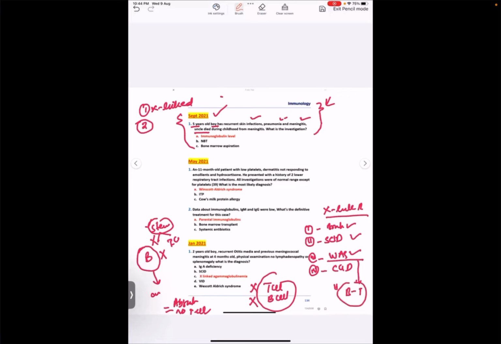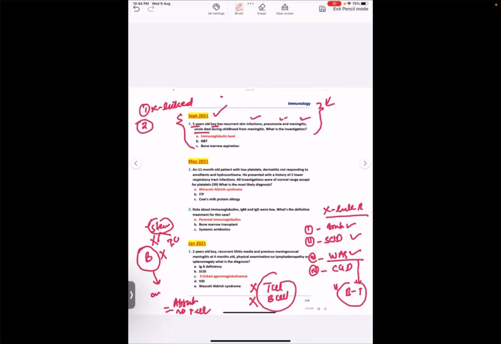But the key feature in Wiskott-Aldrich syndrome is thrombocytopenia. It's an X-linked recessive with thrombocytopenia. Any infection suggestive of immune deficiency? Unusual infection, unusual organism, unusual response to antibiotics.